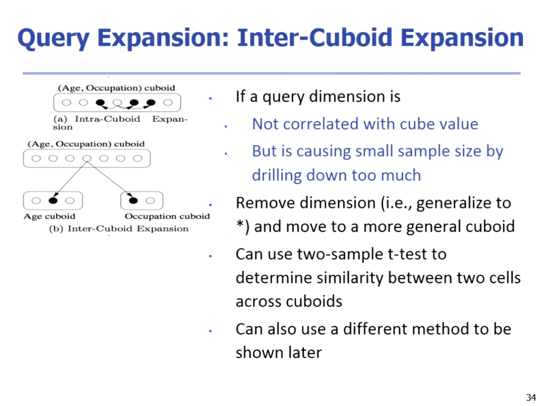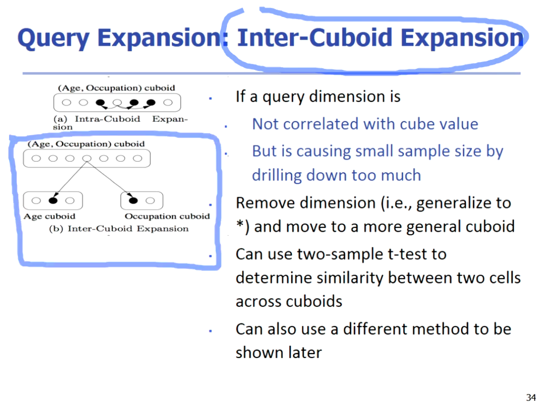The second manner is inter-cuboid expansion. For this manner, the expansion occurs by looking at a more general cell. For example, in our case, a more general cell is the age cuboid or the occupation cuboid.